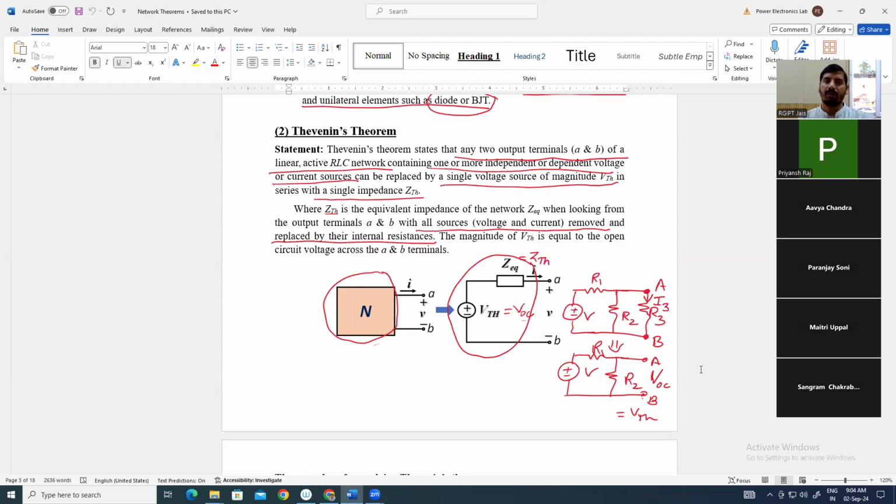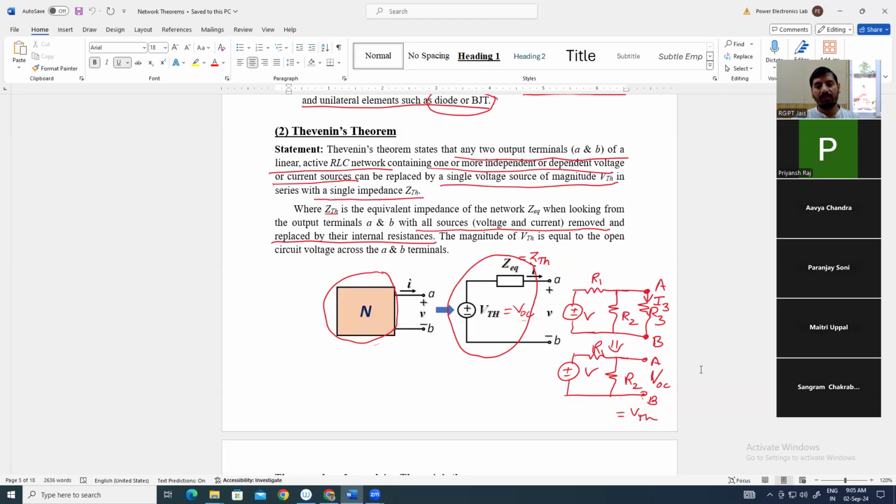we have to apply Thevenin's theorem, so firstly we have to remove the elements connected in between two terminals. So as per the statement of Thevenin's theorem, across any two terminals of a linear active network, the network can be replaced by a single voltage source in series with the equivalent impedance.